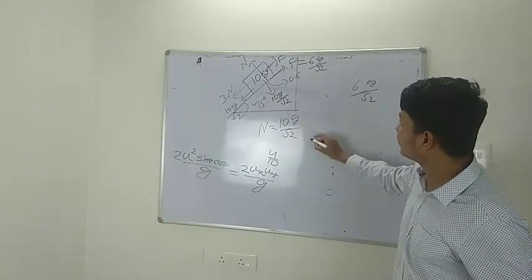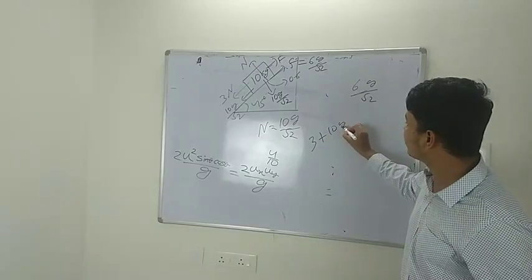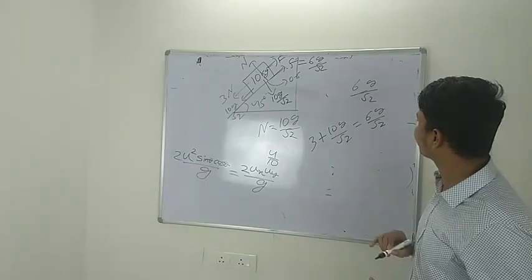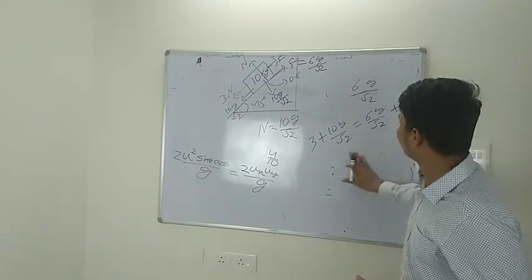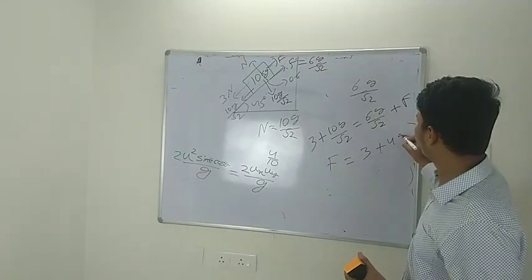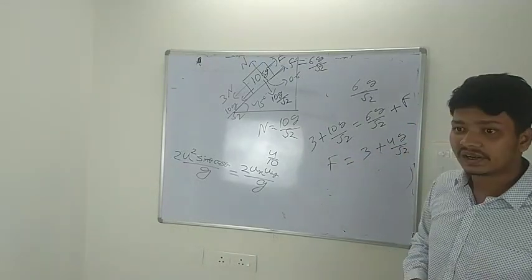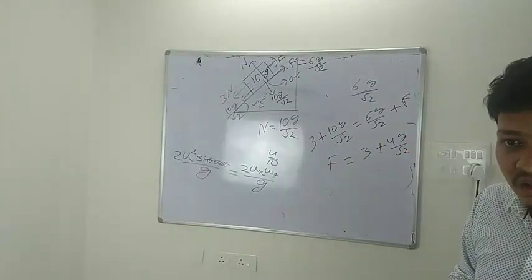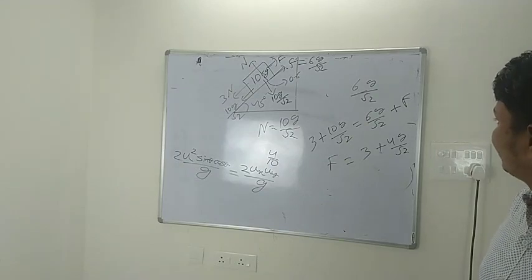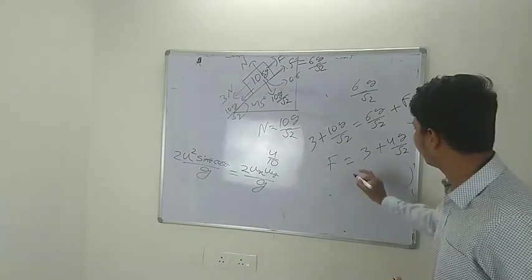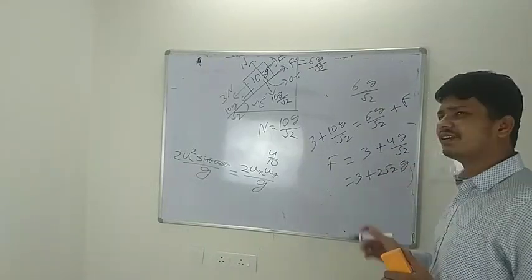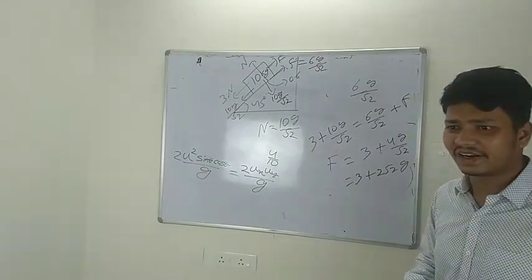That's why the net balance is 10g by root 2 equals 6g by root 2 plus F. If you do it, you will get F equal to 3 plus 4g by root 2. Calculate it and you will get your answer. Here you will get 3 plus 4g by root 2, just calculate it and get your answer.